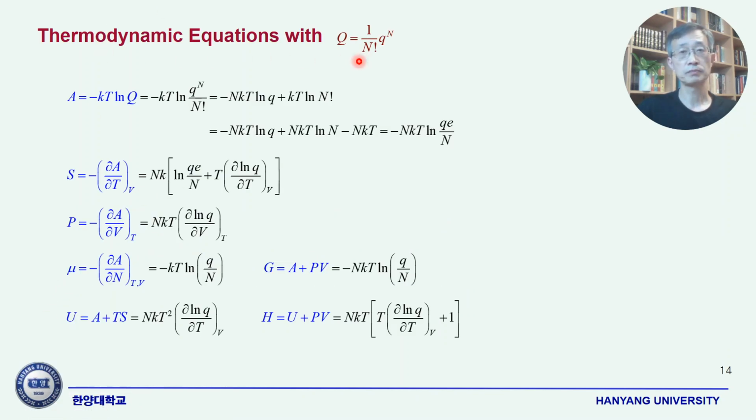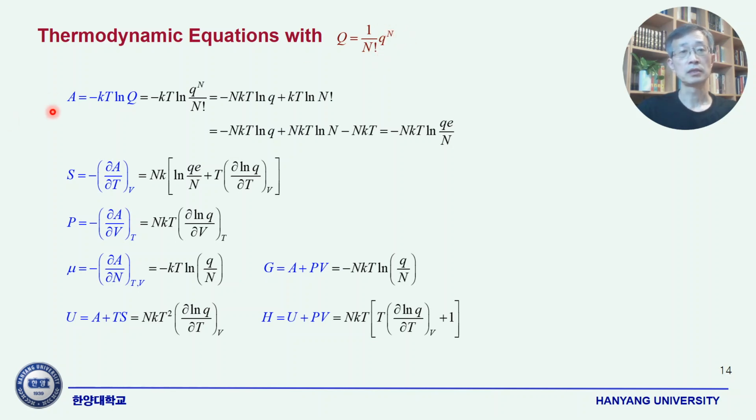This is the last view graph we have done. This is the partition function for the ensemble system, and Q, small q, is the molecular partition function. There are N molecules, and those molecules are indistinguishable. So the whole partition function, capital Q, is equal to 1 over N factorial times q to the Nth power.